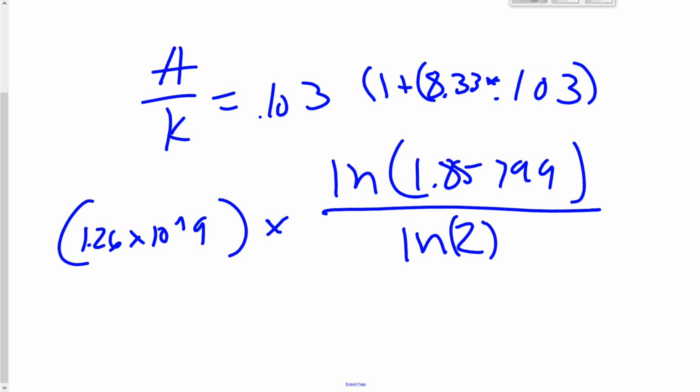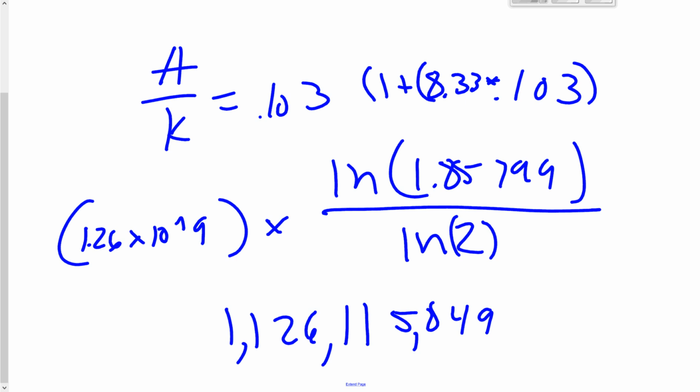And then I get my answer as 1,126,115,849. So that is 1.1 billion. So 1.1 billion would be the answer there for number 77. That's how many years old this rock is, whatever it's estimating.